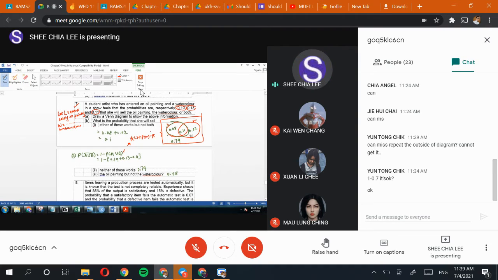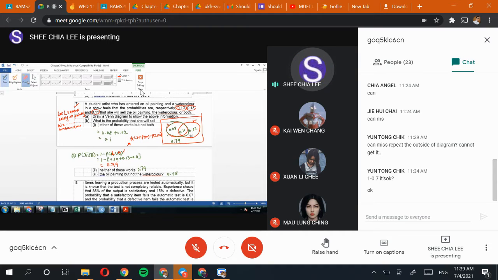L, W, L intersect W. So probability L is 0.19, probability W is 0.13, probability L intersect W is 0.11, right? So you use 1 minus this plus this minus this, then your answer will equal 0.79 also. Okay, 0.21, you mean? Yeah. 1 minus 0.21, you also get 0.79.